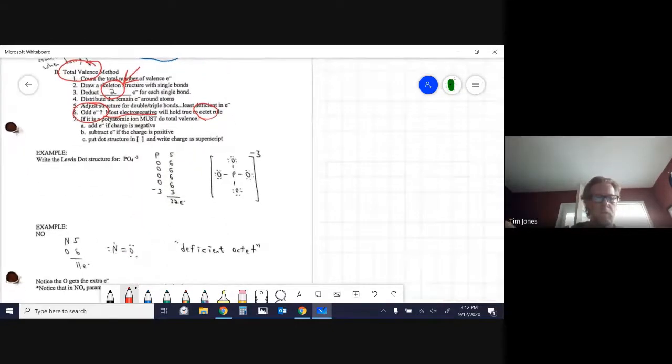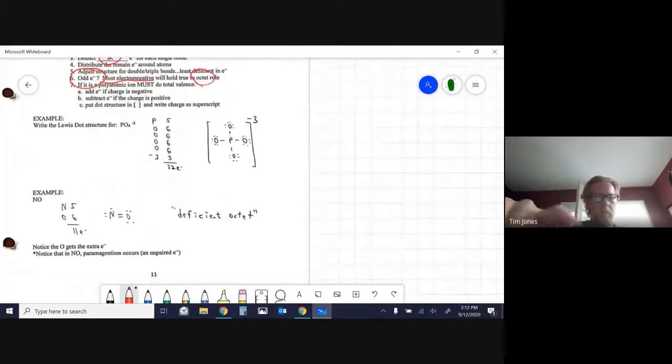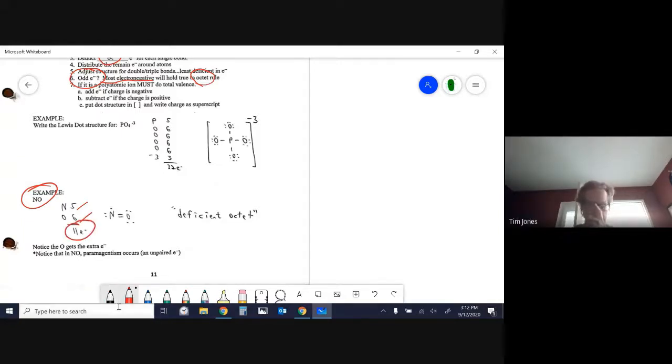So looking at this example down here with NO, nitrogen contributes 5 electrons, valence electrons, of course, oxygen 6 for a total of 11, and that is what we have to work with. So if you start at the beginning, it looks like this.